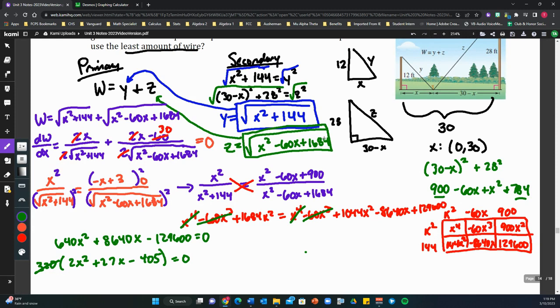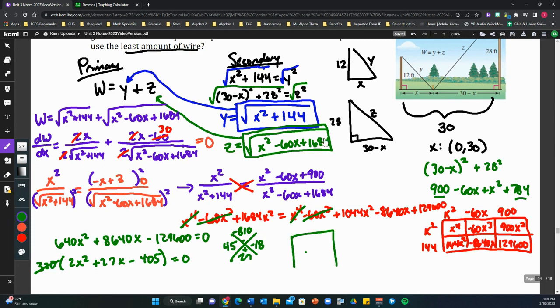This does produce some really big numbers. If we multiply AC, we get negative 810. So we look for factors of that add to make 27. And in this case, I think we get, excuse me, positive 45 and negative 18 would make negative 810 and 27.